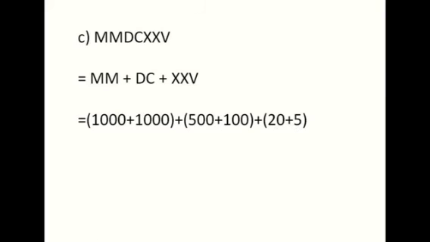Just add all the numbers here. 1000 plus 1000 gives you 2000. 500 plus 100 gives you 600. 20 plus 5 gives you 25. So the final answer, after doing the addition, is 2625.